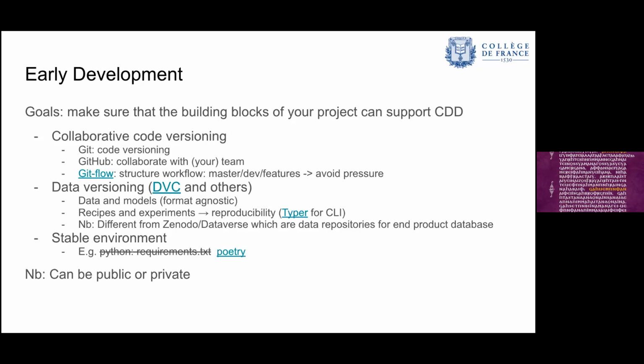Personally, I use Data Version Control, which is very easy to use. If you are not familiar with it, what it does is that it distinguishes between the data storage and the versioning of the data. You should be aware that GitHub is not thought for large files.